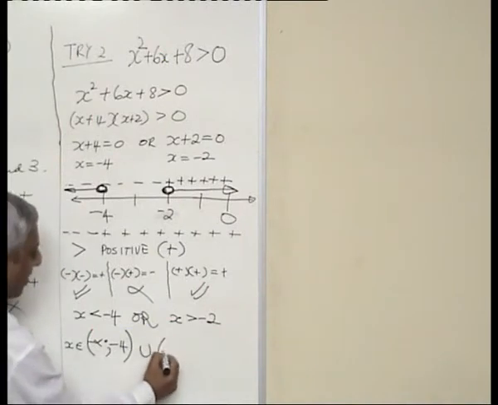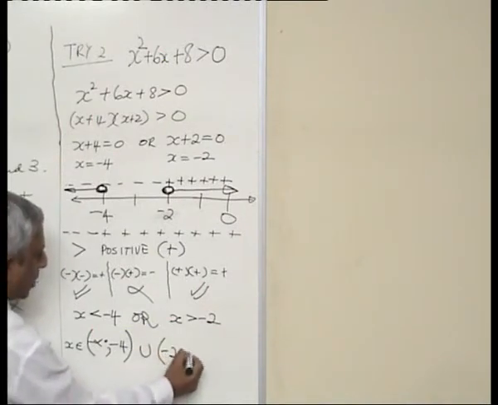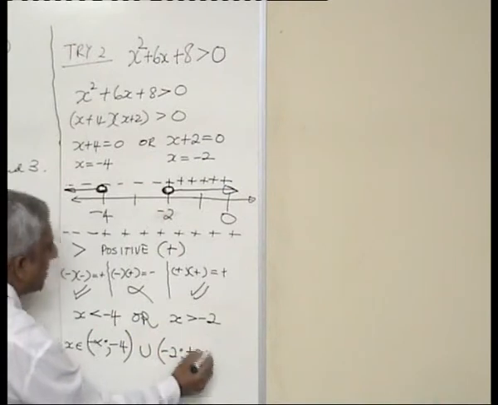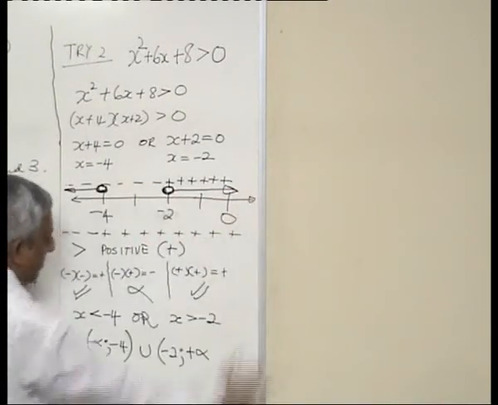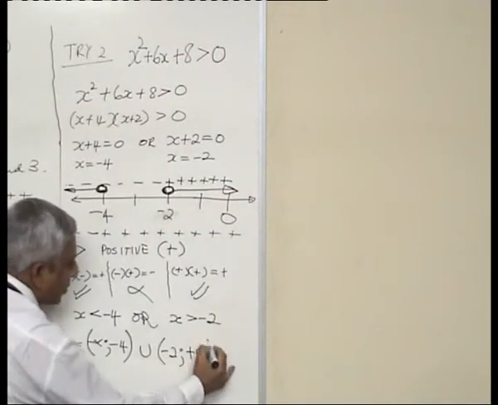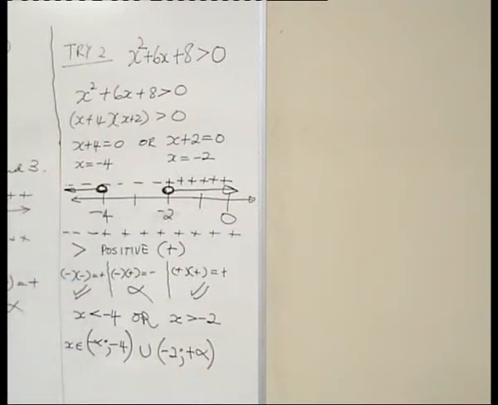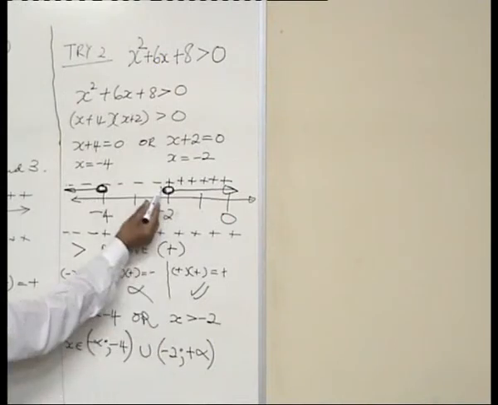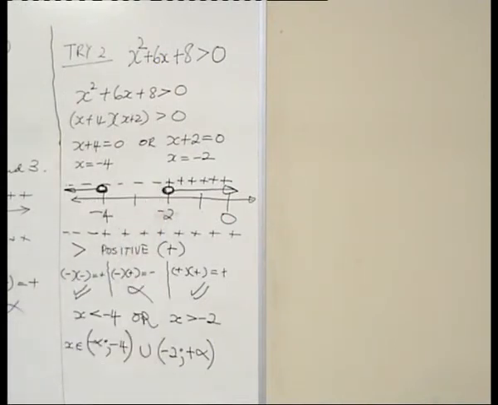Now the numbers go from minus 2 to positive infinity. From minus 2 it's going to positive infinity, and with infinity you always use a round bracket. And here we're using a round bracket because minus 2 is excluded.